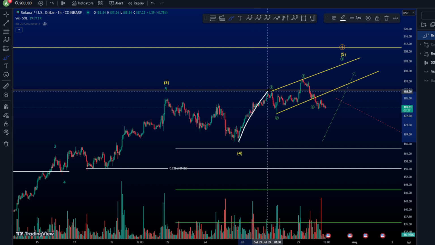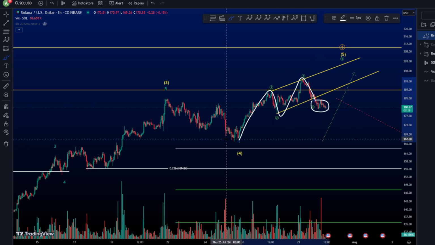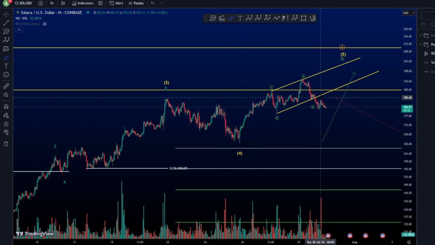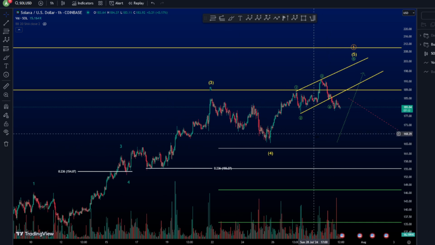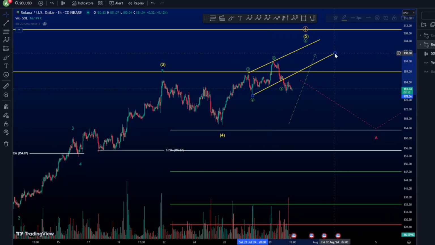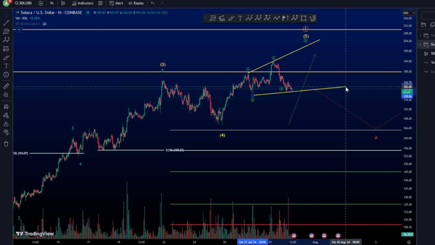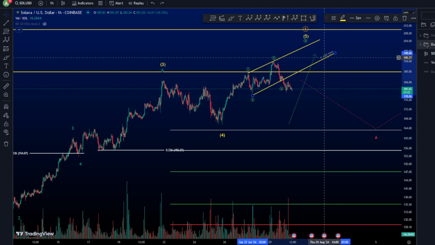We were expecting 1, 2, 3, which happened, and 4 also happened, but it has moved outside the trend, and this is not really nice to see forming there. Of course that leads us to an expanded diagonal, which is a possibility.